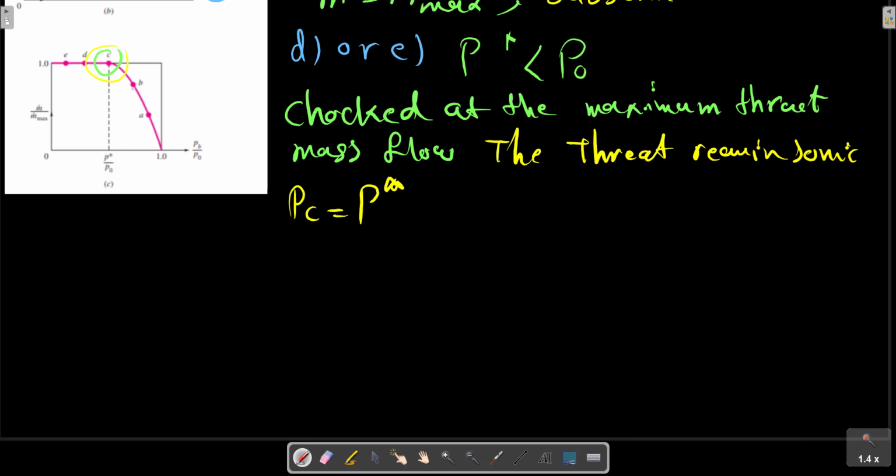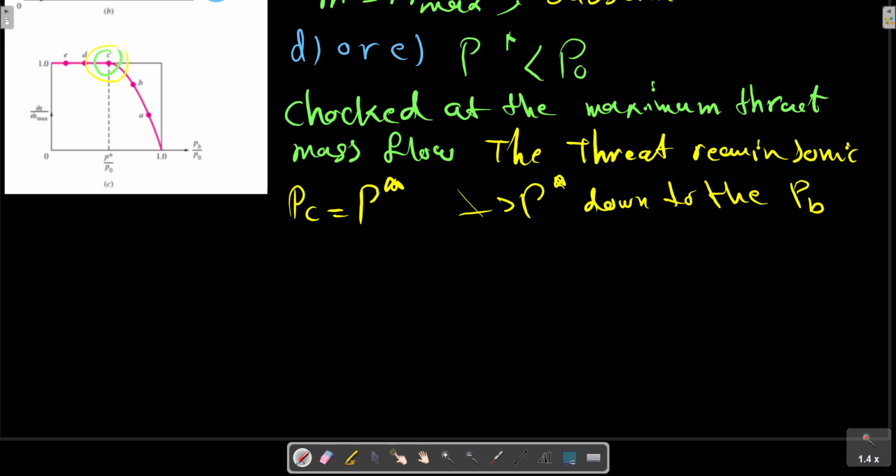The exit jet expands supersonically so that the jet pressure can be reduced from P star down to PB. The jet structure is complex and multi-dimensional and is not shown here.